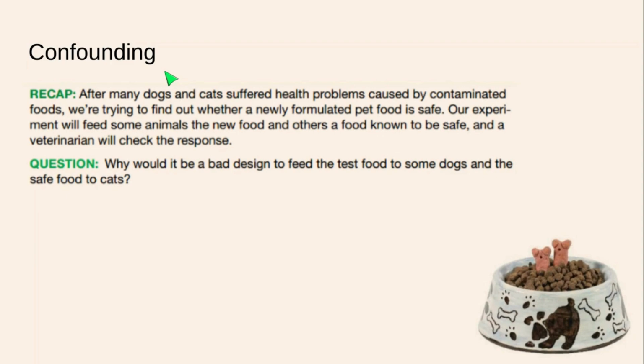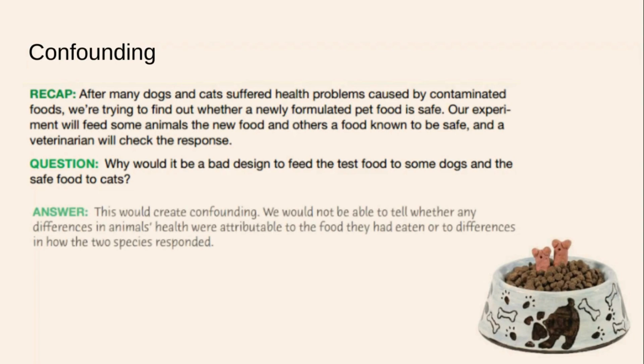Okay, assume we're ready to continue. Let's go. This would create confounding. Well, you don't say, that's what the slide is called. Let's see how it happens. We would not be able to tell whether any differences in the animal's health were attributable to the food they had eaten, that's what we're trying to figure out, or to differences in how the two species responded. So it could be that the food itself causes a difference or it doesn't cause a difference and we have fixed our pet food problem.